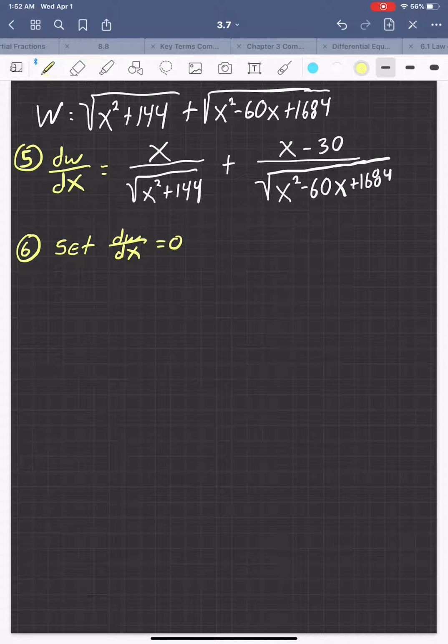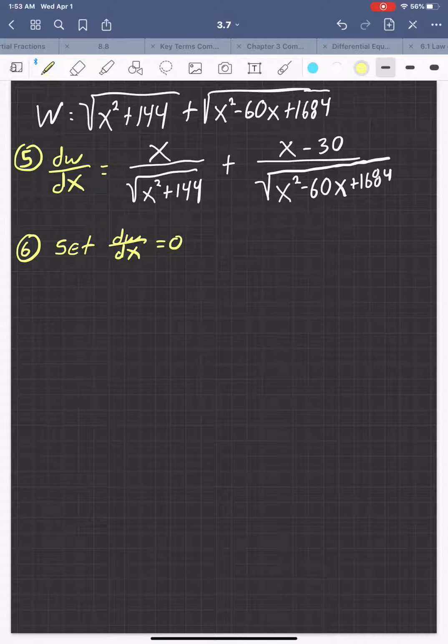Now, many times when we're looking for critical numbers, remember it's where the derivative is equal to 0 and where the derivative does not exist. In these optimization problems, I want you to just focus on setting the derivative equal to 0 in order to help you find your minimums and maximums, okay?